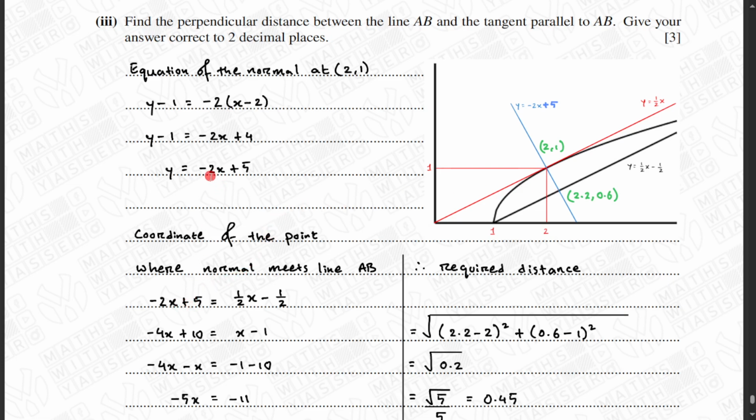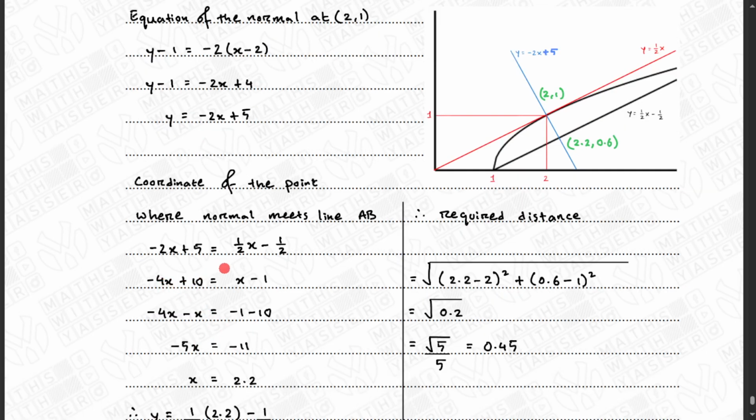That means the equation of the normal, which is minus 2x plus 5, must be equal to the equation of the line AB, half x minus half. Simplifying this, if I multiply by 2, I get minus 4x plus 10 equals x minus 1. So minus 4x minus x is equal to minus 1 minus 10. That will give us minus 5x equals negative 11.